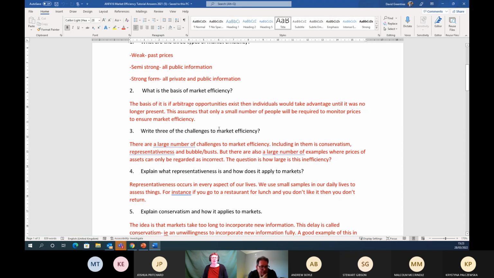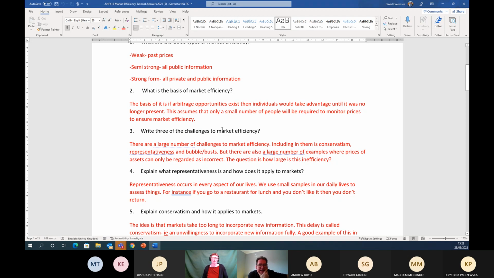And there are a huge number of challenges to market efficiencies, including the behavioral aspects, so the representativeness. I knew I was going to get that wrong at some point. And conservatism, I got that one wrong as well. Conservatism. We've got bubbles and bursts of bubbles.